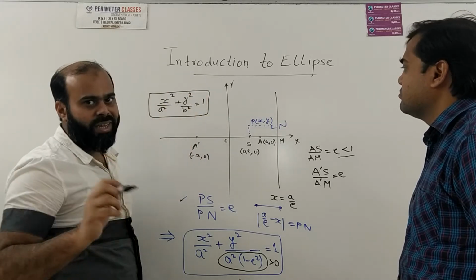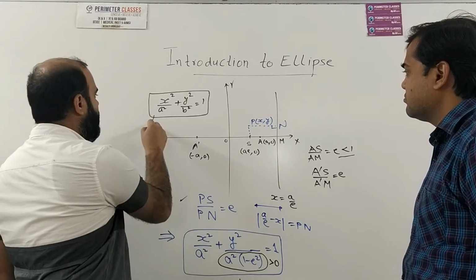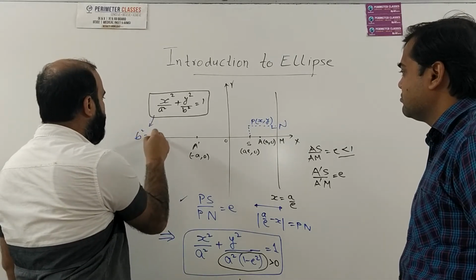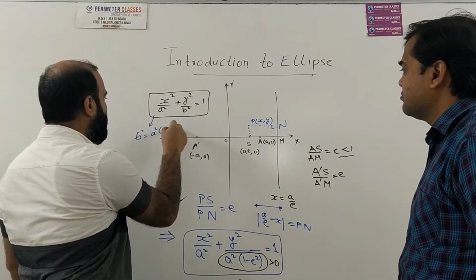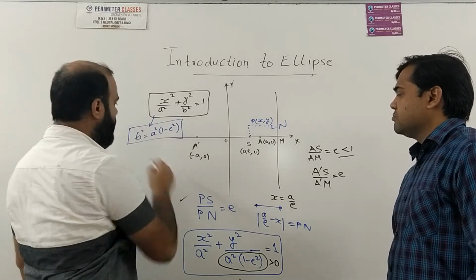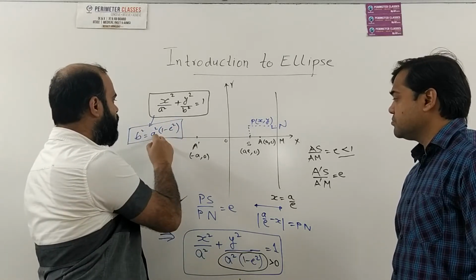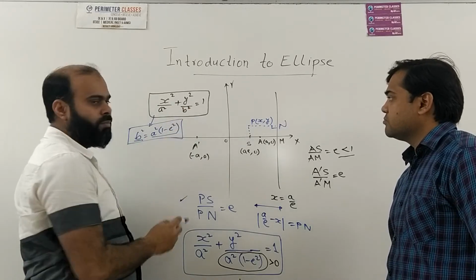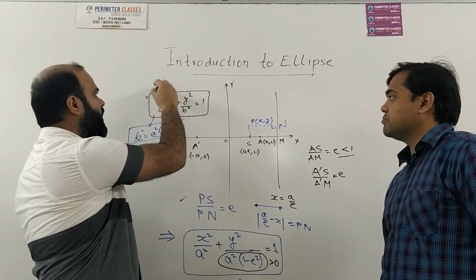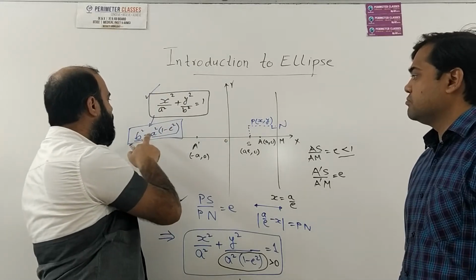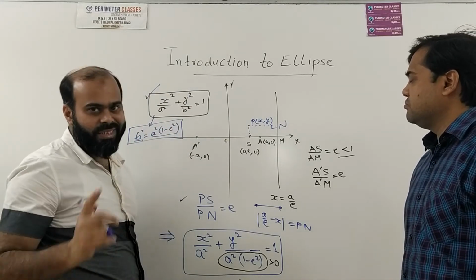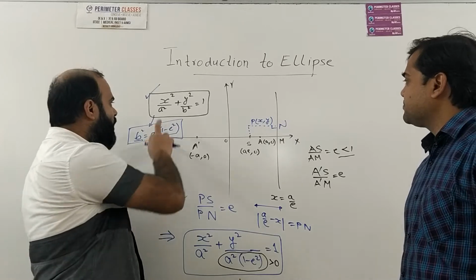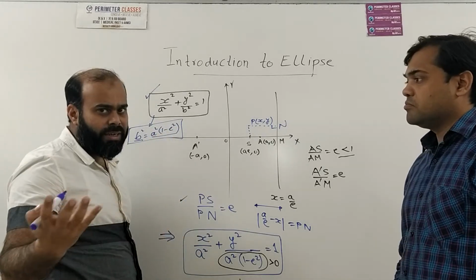This is the equation of the ellipse where b square is equal to a square into (1 minus e square). This is the relation between b, a and e. So basically we have 2 values a and e, and from there we get b.